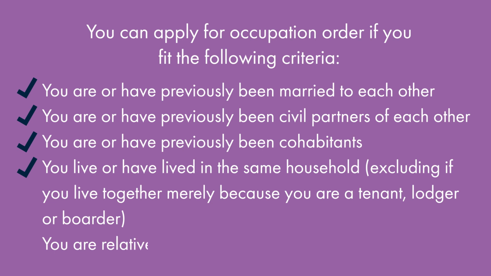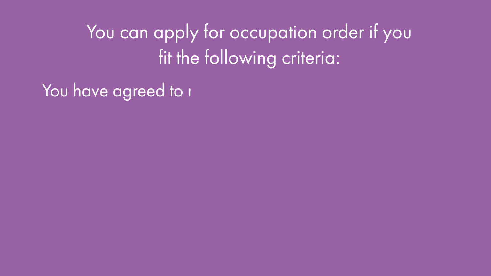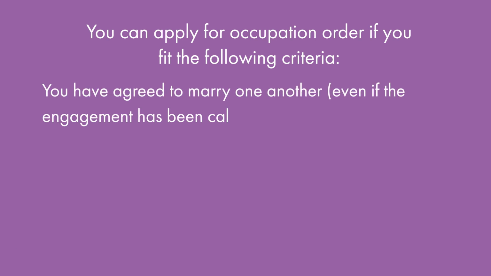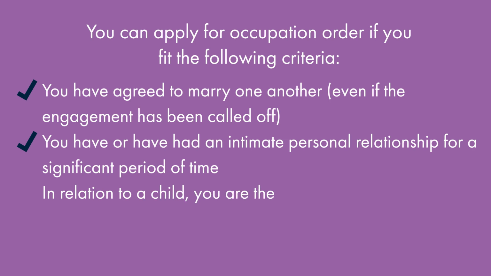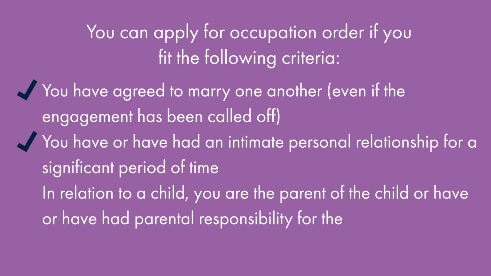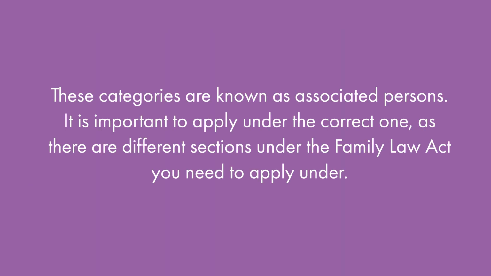You are relatives. You have agreed to marry one another, even if the engagement has been called off. You have or have had an intimate personal relationship for a significant period of time. In relation to a child, you are a parent of a child or have had parental responsibility for the child. These categories are known as associated persons.